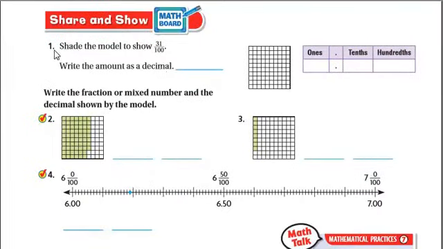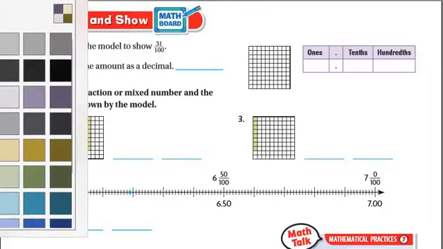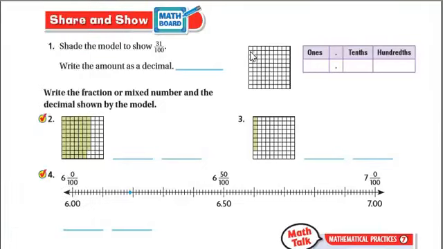Okay, let's see. Number 1, shade the model to show 31 hundredths. Okay, and we will write the amount as a decimal here. Let's shade it first. 31. Okay, so we have 3 tens here. So let's shade. 10, 20, 30.